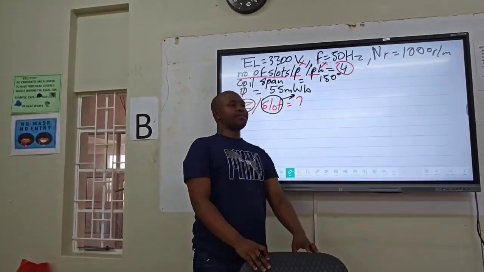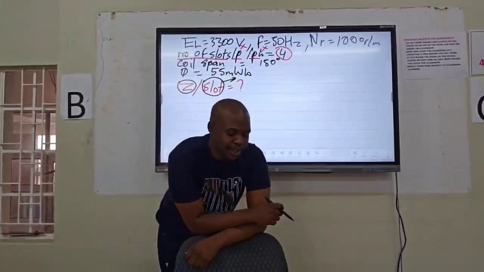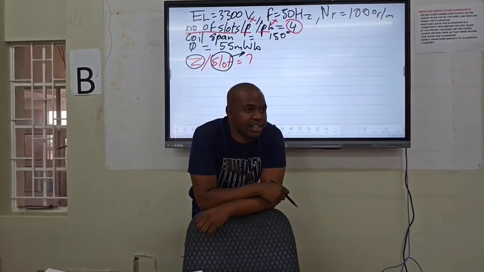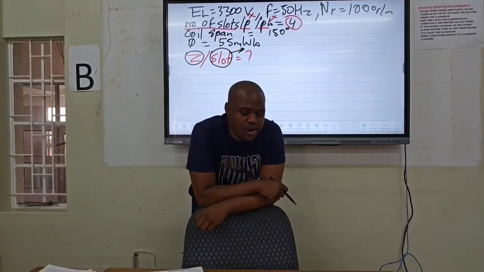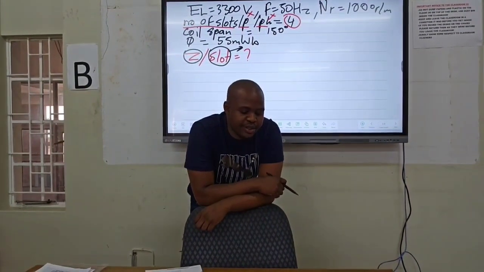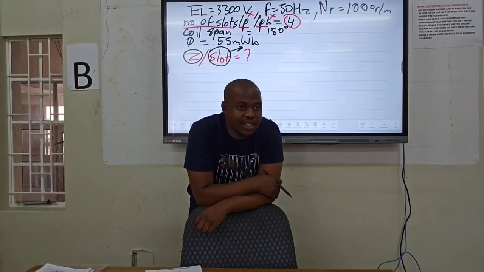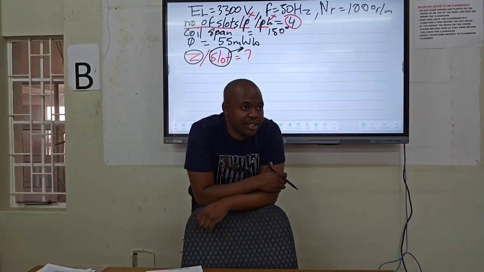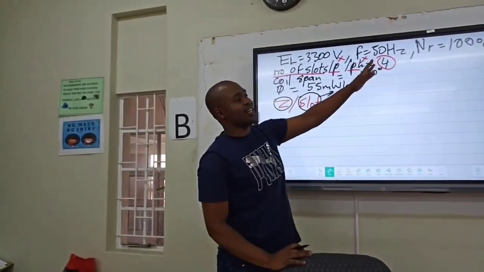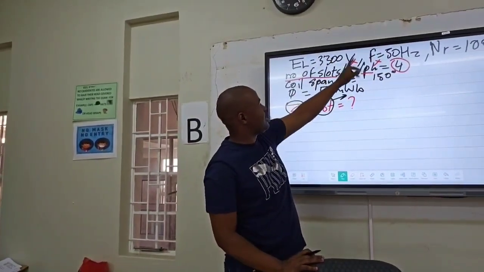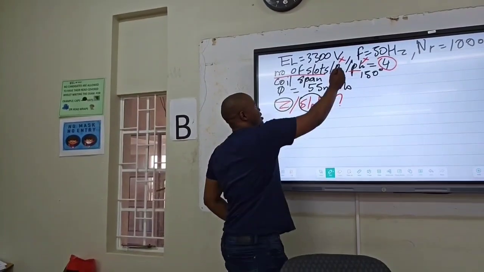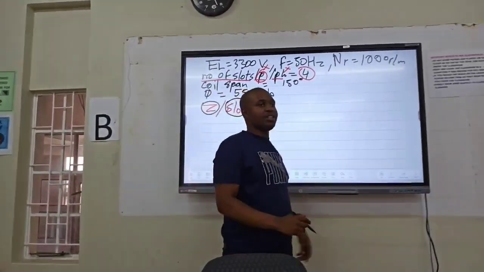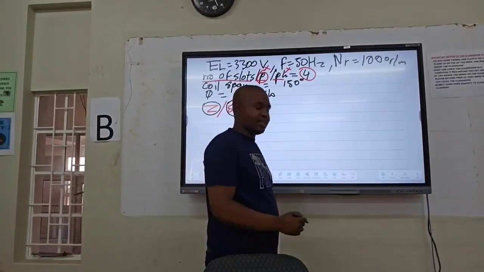Then I'm thinking here, I might have to correct myself. They just give the speed, but it becomes apparent that in order for me to get the number of poles, I need the synchronous speed.